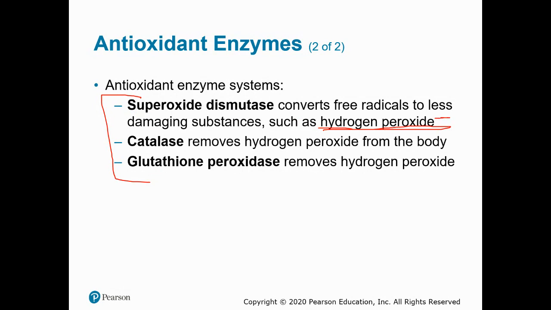So this can be a common free radical. Catalase also supports neutralizing hydrogen peroxide and specifically supports the removal of hydrogen peroxide from the body. And then same with glutathione peroxidase, supports removing hydrogen peroxide after it's been kind of neutralized.